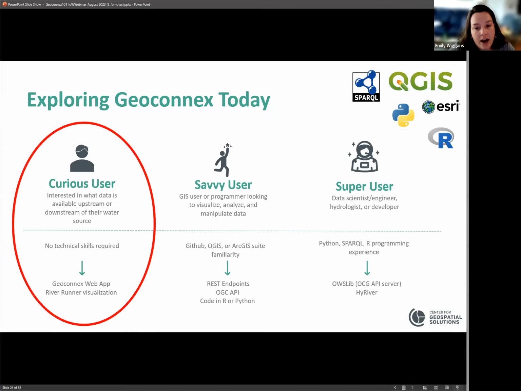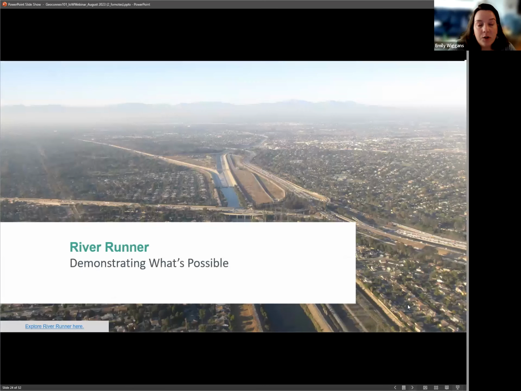So looking now particularly at what we have for the curious user, we're going to discuss, as I said, River Runner. River Runner is nice because you can see a variety of data producers, and all that they have in common is that their data is along the same main stem. So you're going to see that they're producing data and publishing data on the same river.